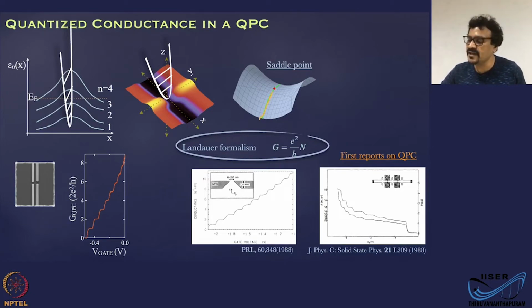So this is the x direction. That's the direction the electrons are going to move through the constriction.